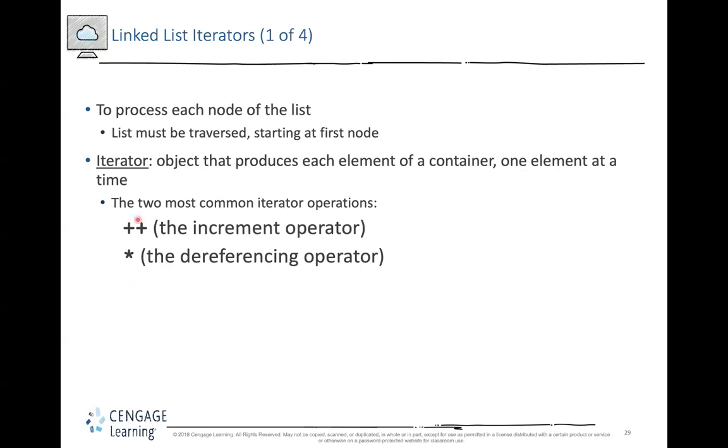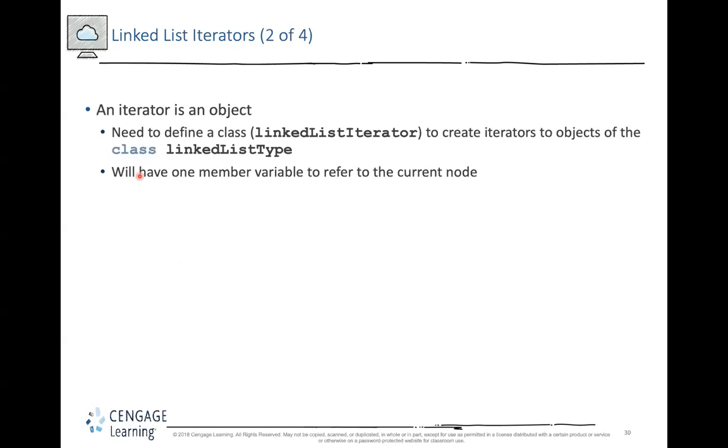So these two operators, if we want them to operate on this new object, would have to be overloaded. So let's say the iterator class is called linked list iterator. And these iterators will operate on objects of a linked list type.